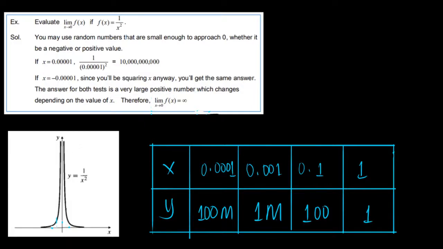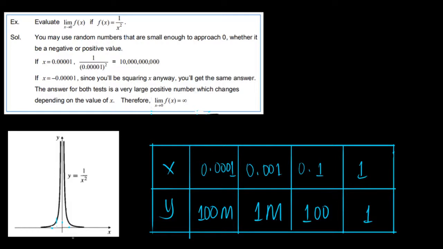Now, if it is negative, it's the same value, you'll square it anyway, so you get a positive. With that, guys, we are able to plot a little asymptotic graph, wherein as the value approaches 0, our y just shoots up and up to positive infinity.